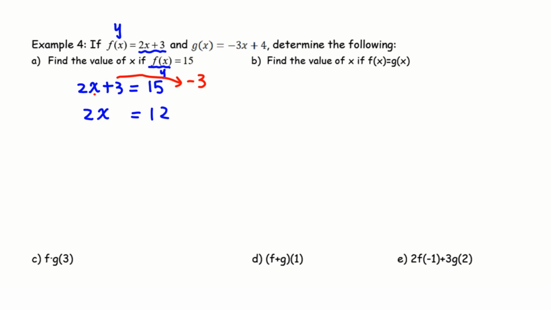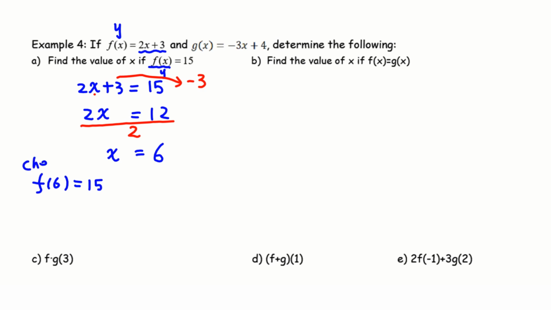The opposite operation is division, so we divide both sides by 2. 2x divided by 2 gives you x. 12 divided by 2 gives you 6. Then x equals 6, it means f at 6 will give you 15, so you could check.